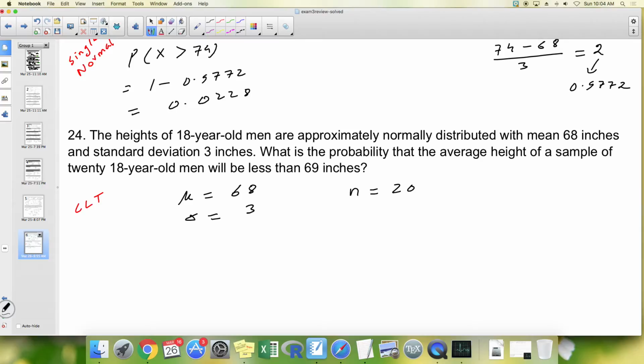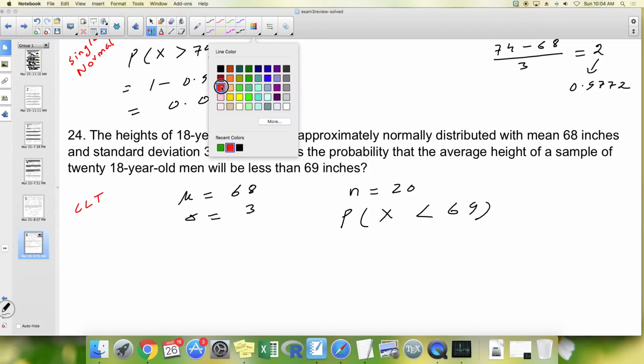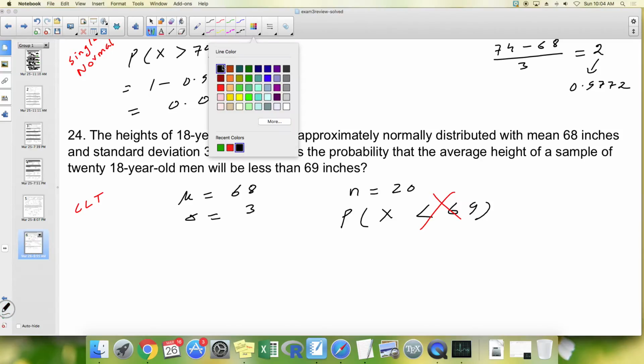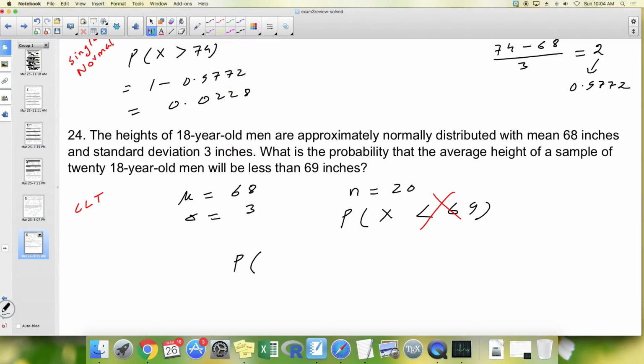There are 20 people. And they are not asking the question, what's the probability x less than 69? No, sir. They're asking the question, what's the probability x bar less than 69? This is a distinction you have to make.